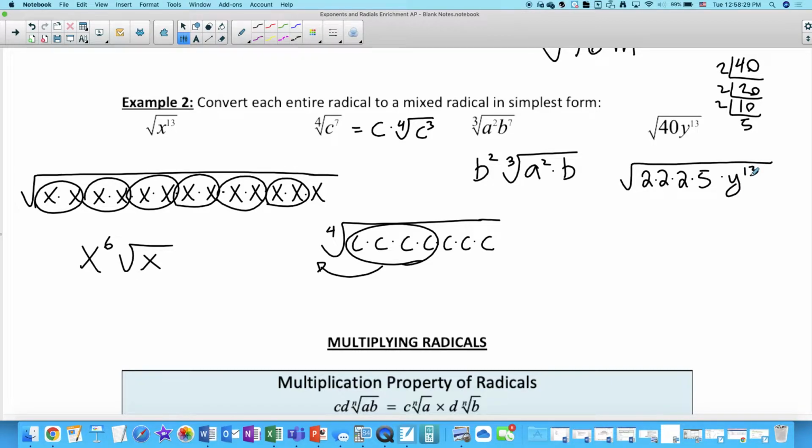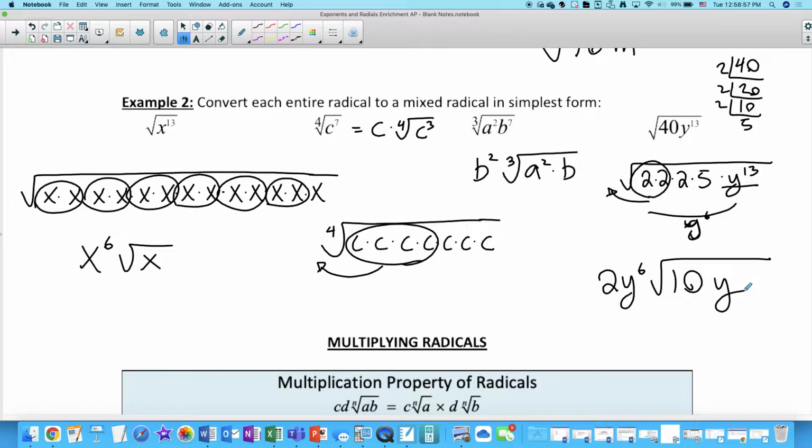You do what you need to do to know that you're correct. Then we can pull out one of these, and we can pull out 6 of these, because there's 6 groups of y squared. So we're going to end up with 2y to the 6. And on the inside, what's left here is 10, and here there's 1 extra y. OK, so far so good?